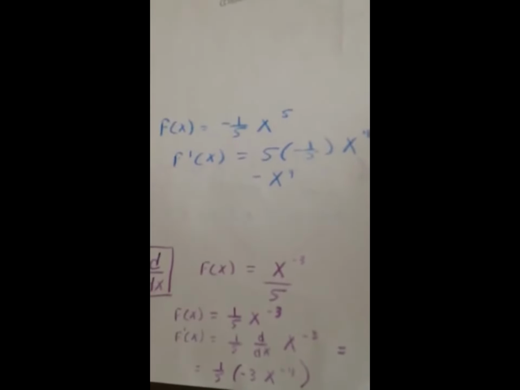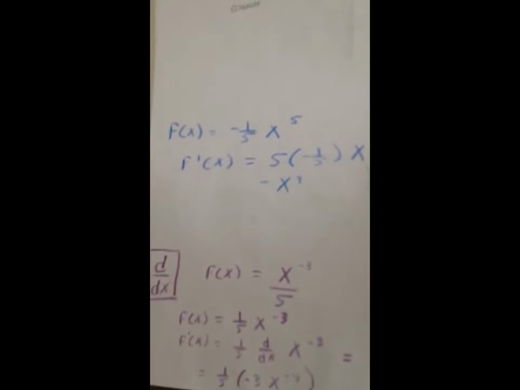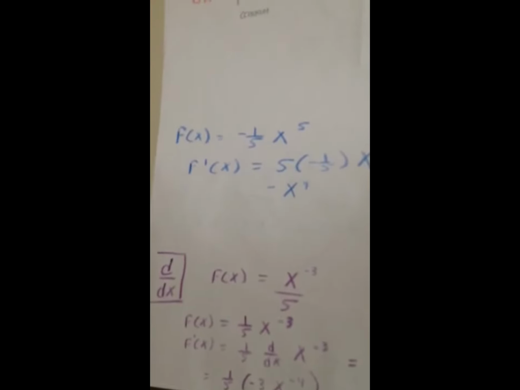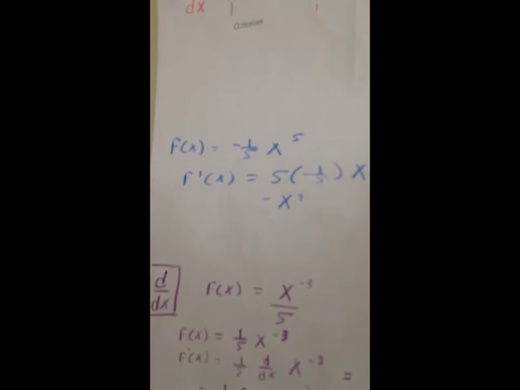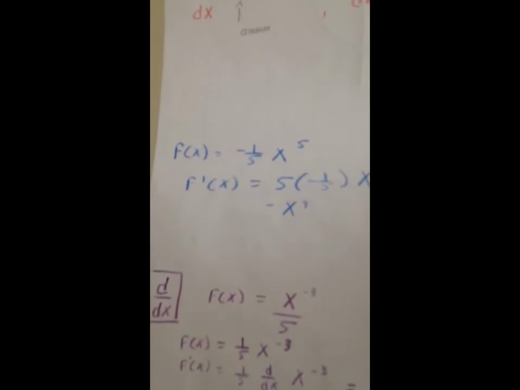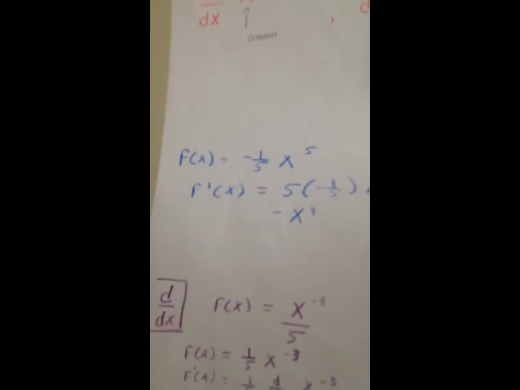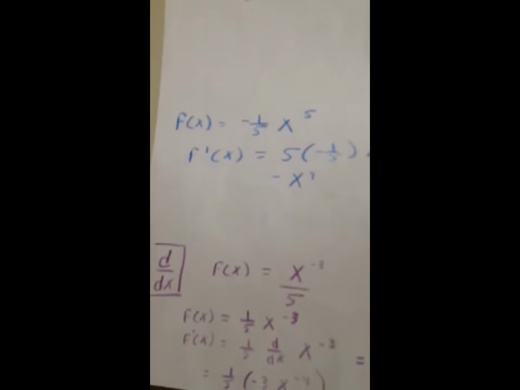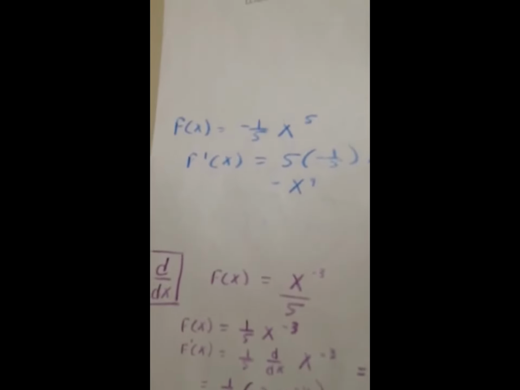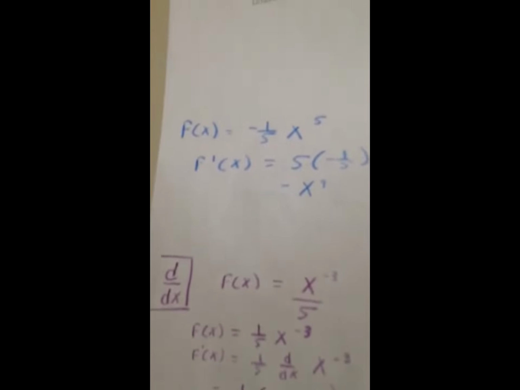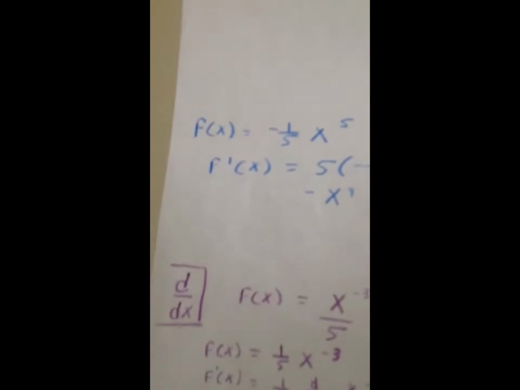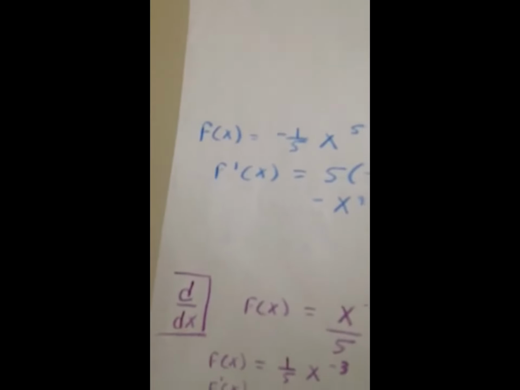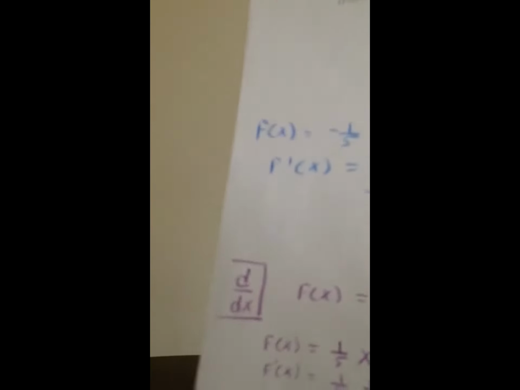What you would do is take f prime of x, take that 5, which is the exponent on the top right there, multiply it by negative 1/5 and reduce the power by 1. 5 minus 1 equals 4. So your final answer, when you multiply 5 times negative 1/5, you get negative x to the 4th. Or you can also write it as negative 1x to the 4th, but you don't necessarily need the 1 in front of the x.